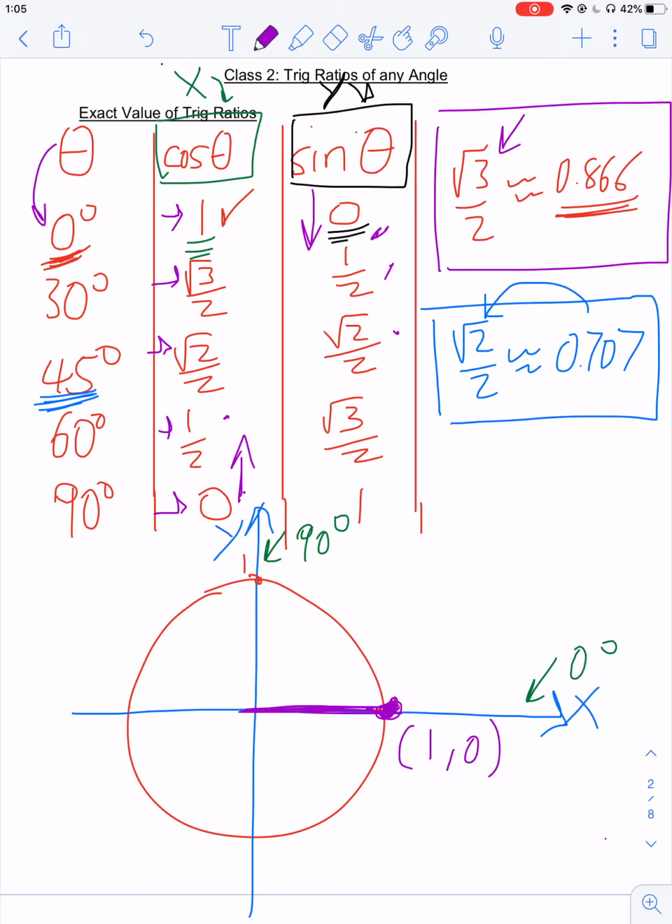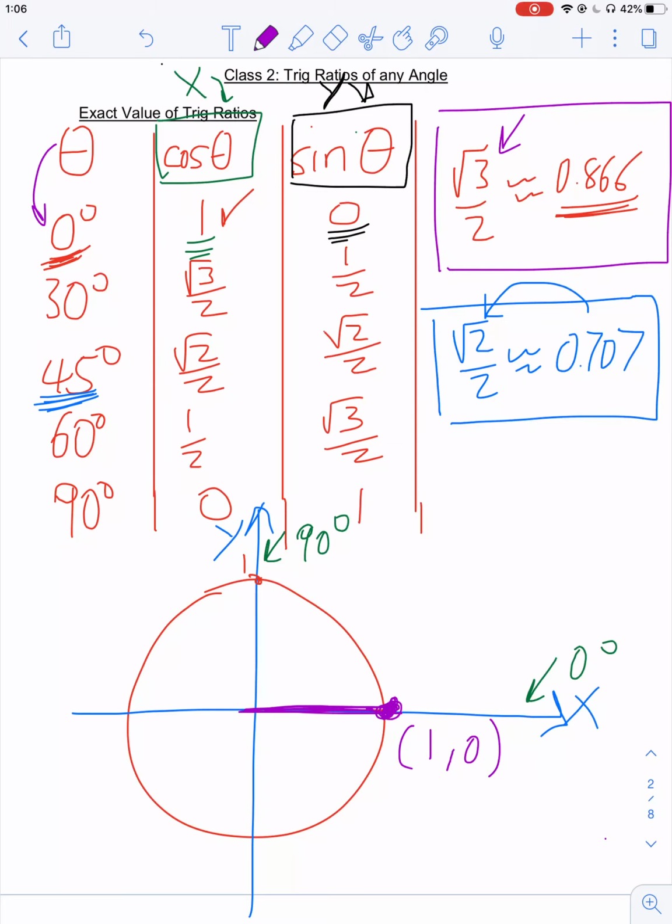Both of them are the same value because 45 is midway between 0 and 90. I'm hoping this makes sense, and maybe your teacher in 30-1 will expand more on this fact. But let's just proceed a little bit.